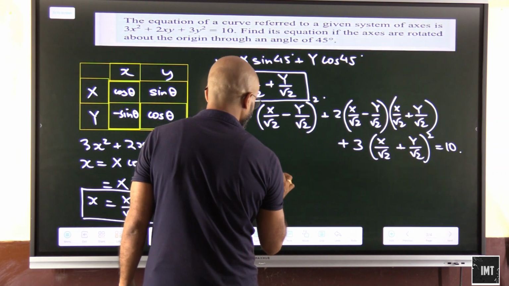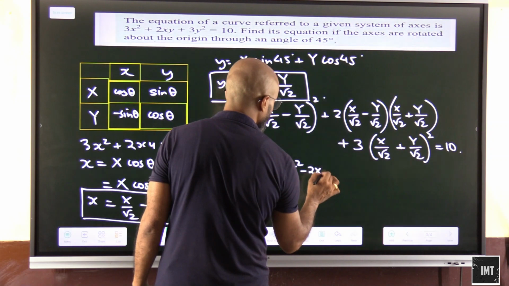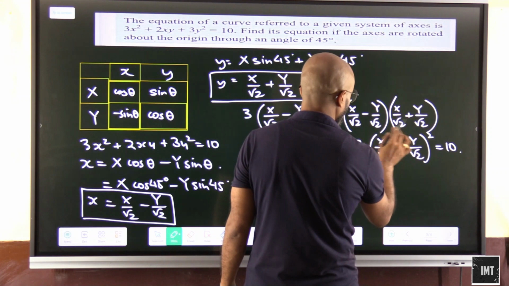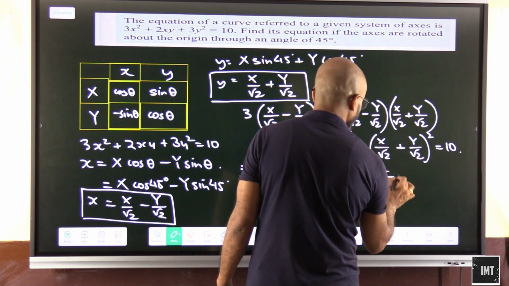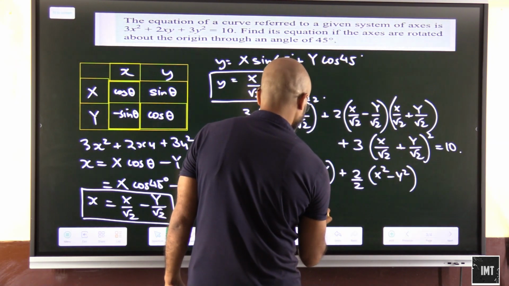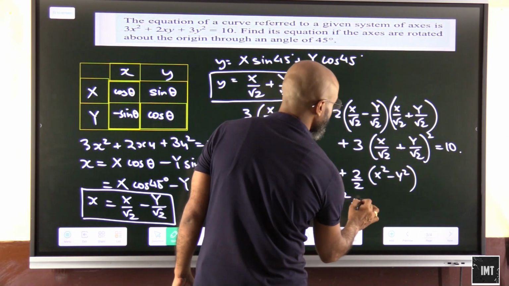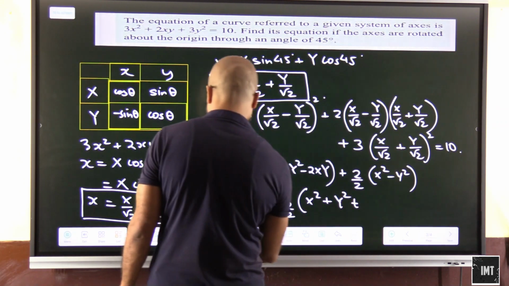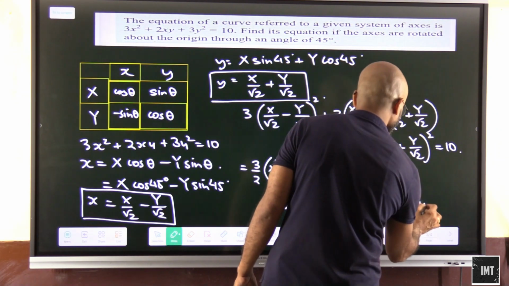Okay, and this becomes x square plus y square minus 2xy, plus here we have 2 into, so under root 2 and under root 2, that is 2 by 2 into x square minus y square, plus 3 by 2 into x square plus y square plus 2xy, is equal to 10.